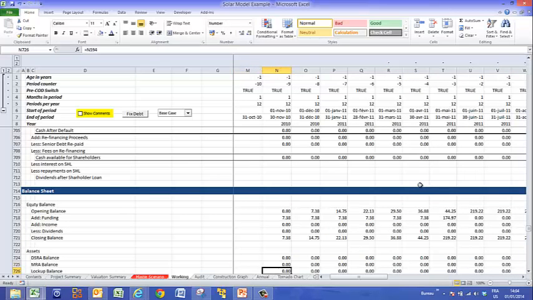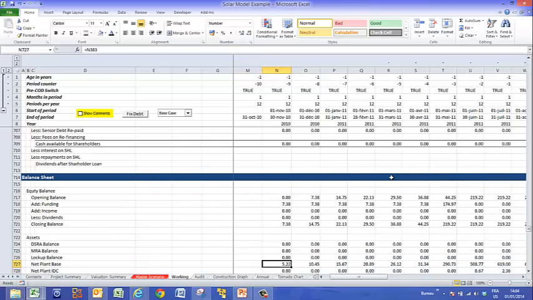Then for our net plant, I think it would be best to put a net plant associated with the panels. How about non-inverter?